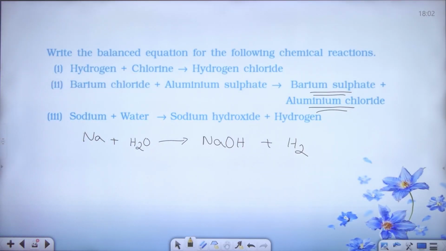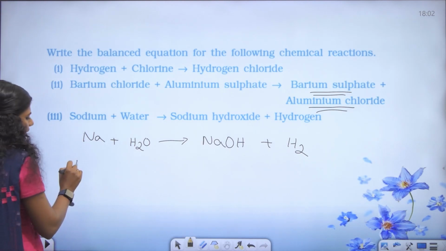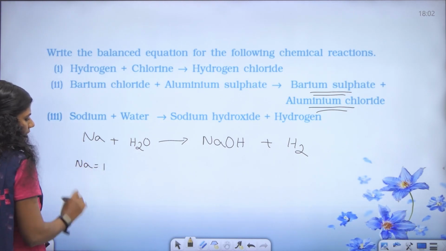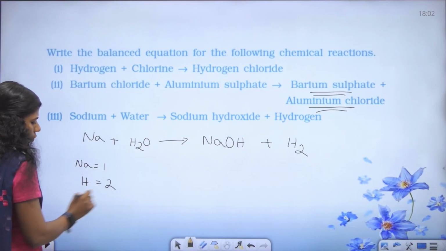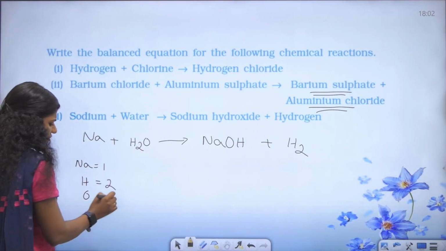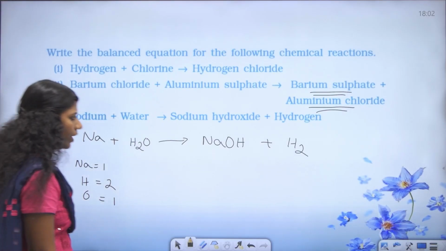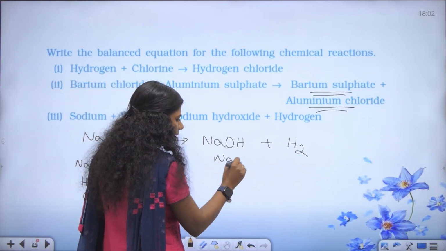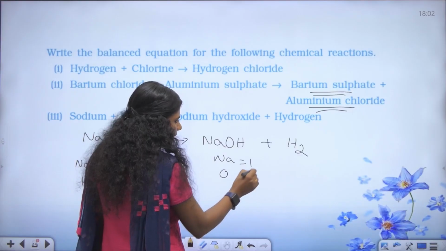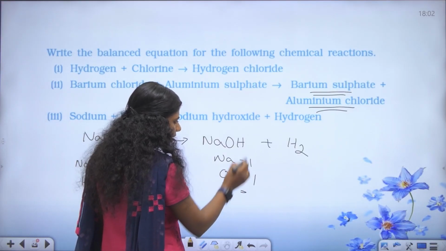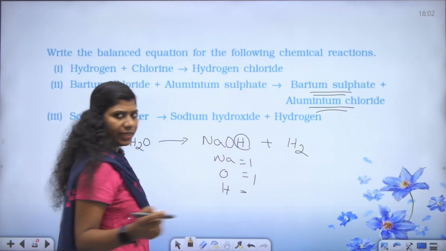Then check whether this equation is balanced or not. Here sodium and water are the reactants, NaOH, sodium hydroxide, and hydrogen are the products. Then count the atoms. On the reactant side, the number of sodium atoms is 1, hydrogen atoms 2, oxygen atoms 1. On the product side, sodium atoms 1, oxygen atoms 1, hydrogen atoms, is it only 1?